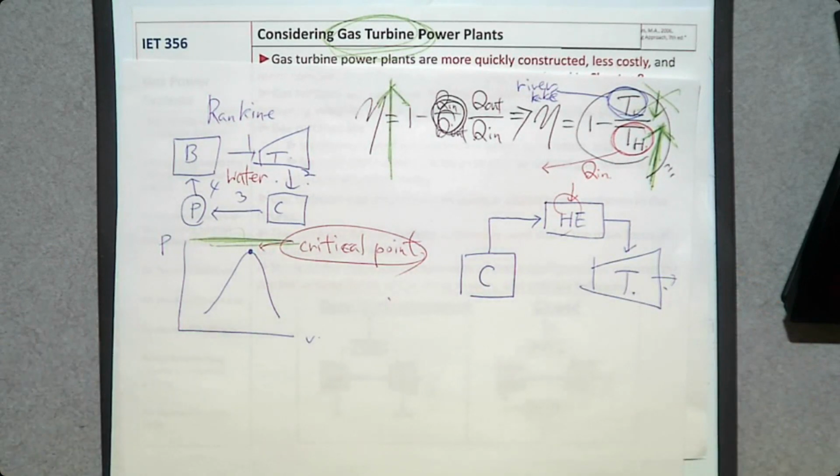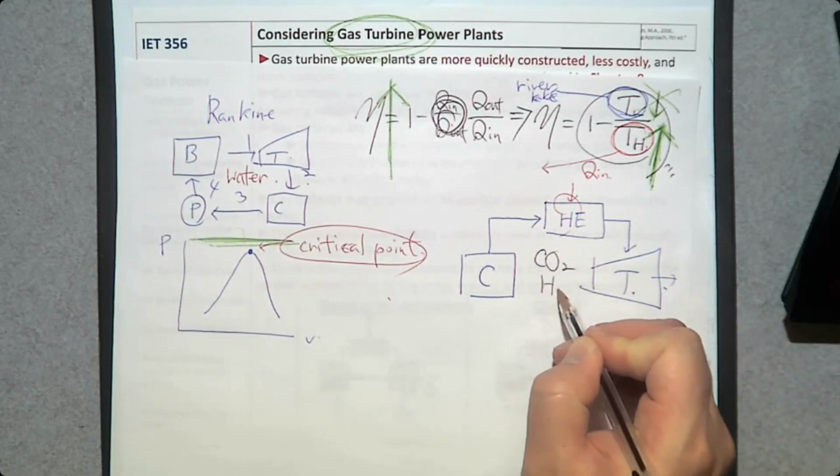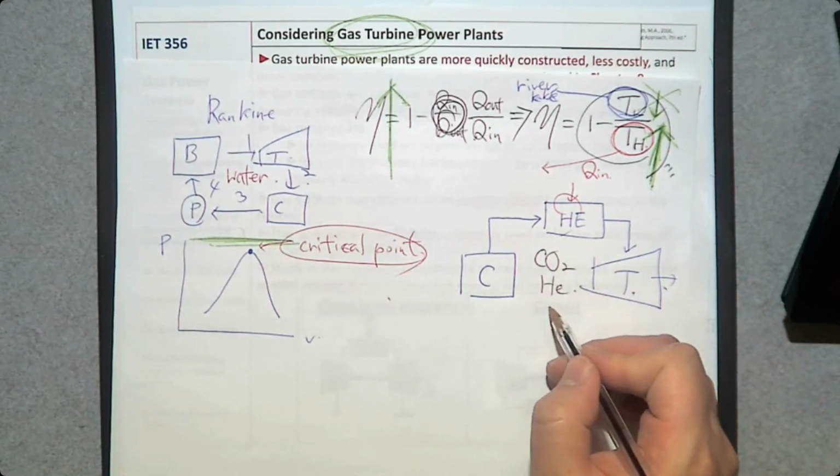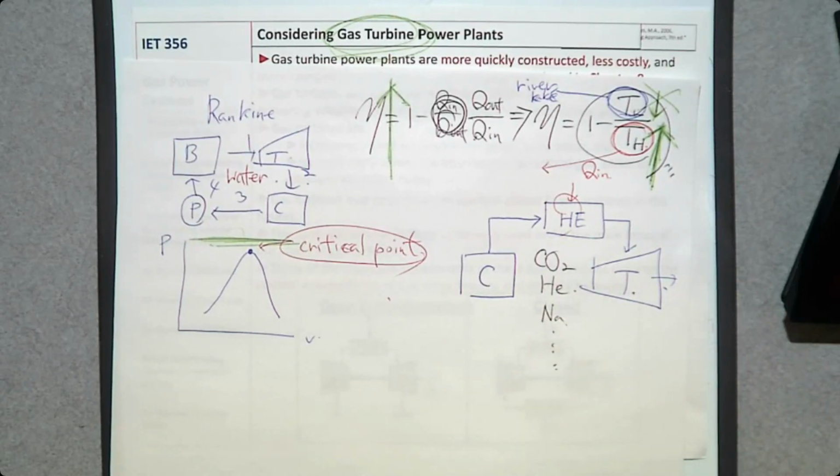So this is the gas turbine. Sounds good. Then what kind of working gas can we consider? Many different working gases are considered, such as carbon dioxide, helium, or high pressure sodium. Many different gases are studied nowadays.